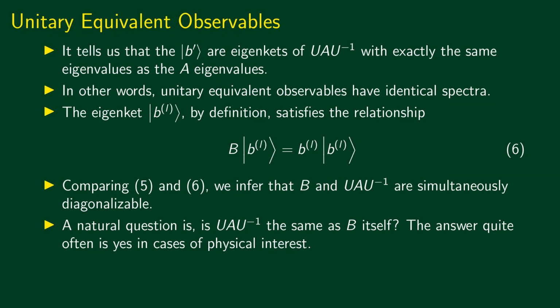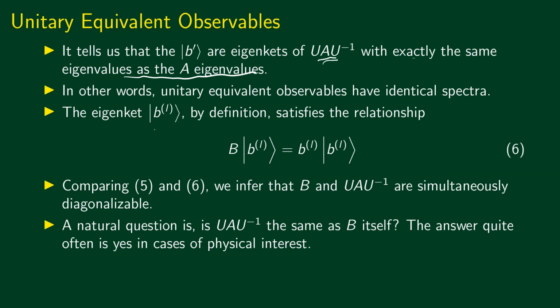It tells us that the kets b_l are the eigenkets of U A U inverse with exactly the same eigenvalues as the A eigenvalues. In other words, unitary equivalent observables have identical spectra. They have the same set of eigenvalues.